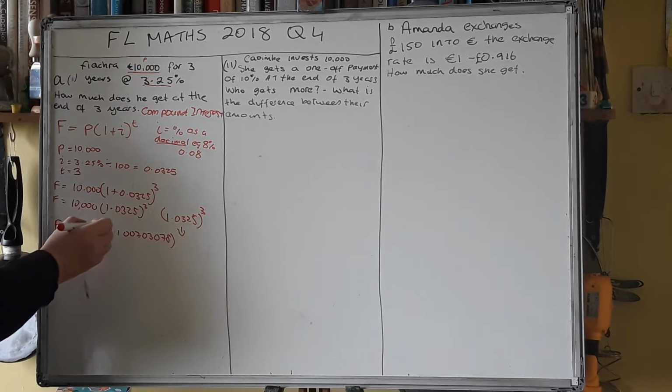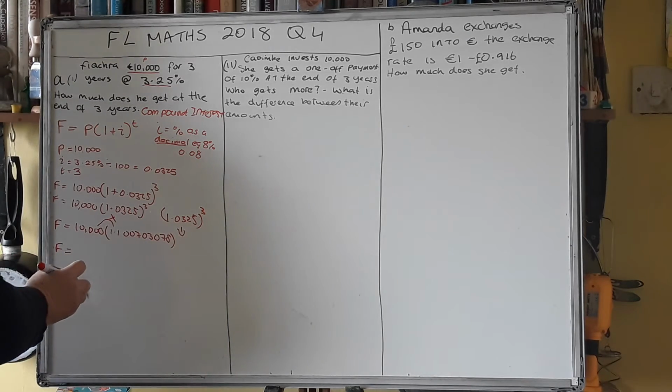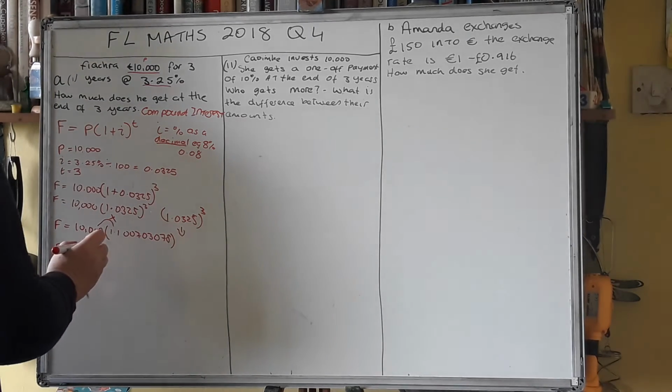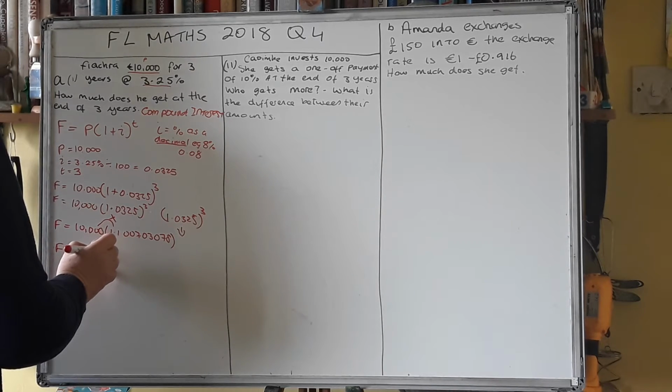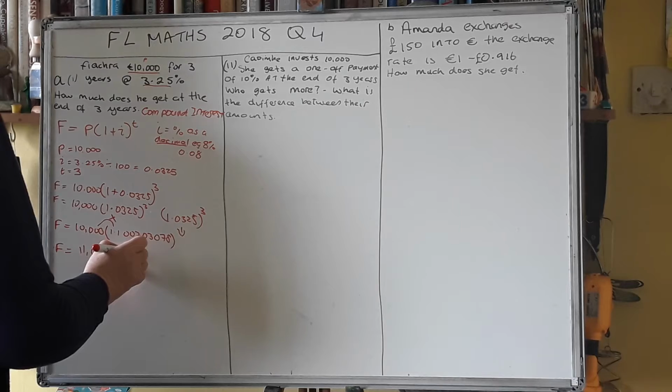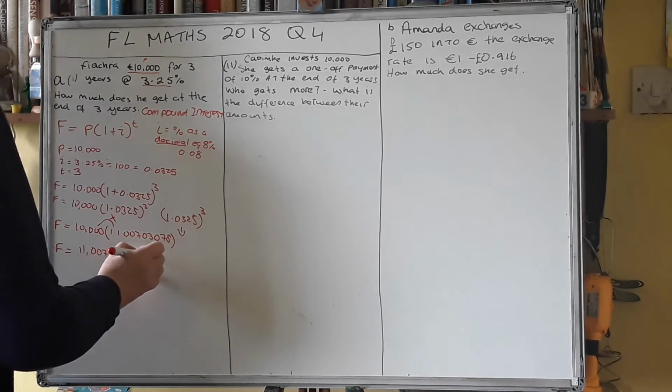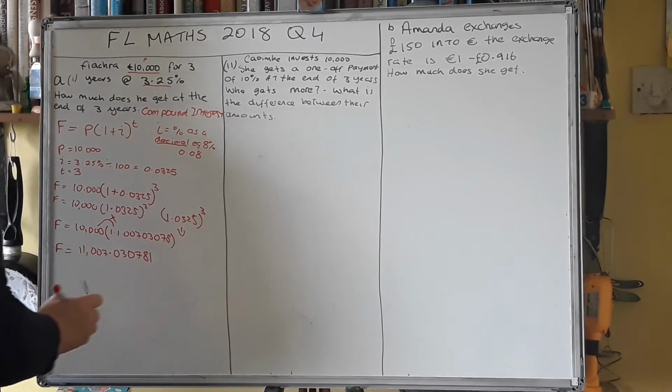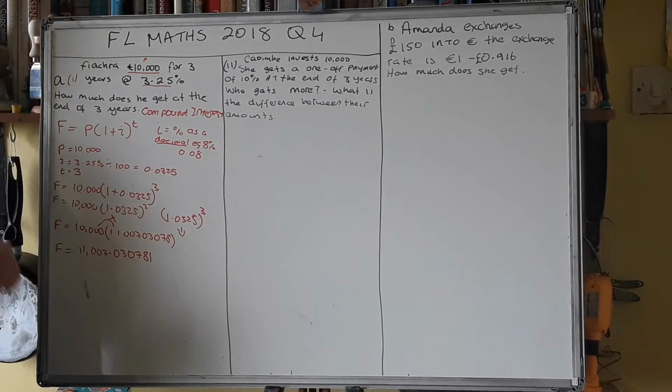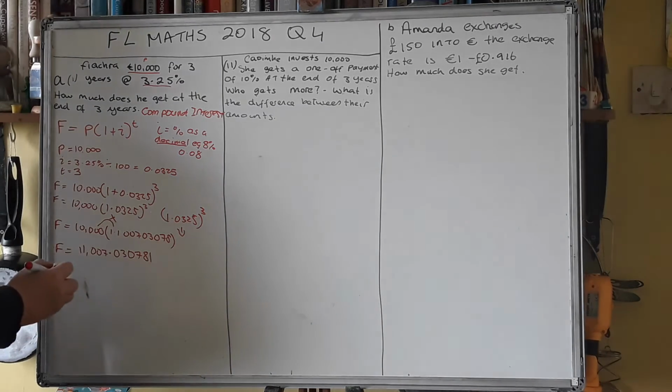The next thing to do is multiply those together. So 10,000 multiplied by 1.100703078 gives you 11,007.03078. So that's pretty much your answer, but they want it to the nearest cent.